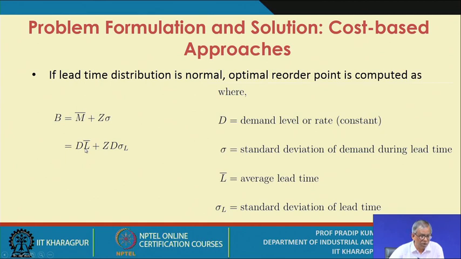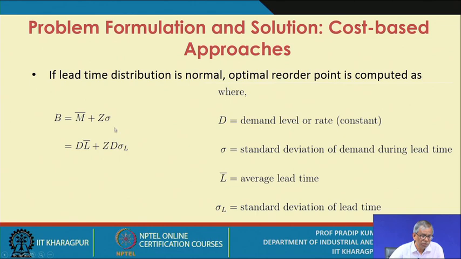Here we are assuming that the demand remains constant, whereas the lead time is variable. So the standard deviation as well as the mean are known; the mean lead time is L bar, and the standard deviation of lead time is sigma L.